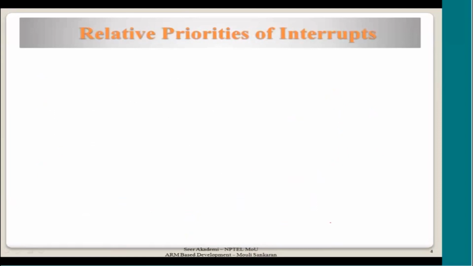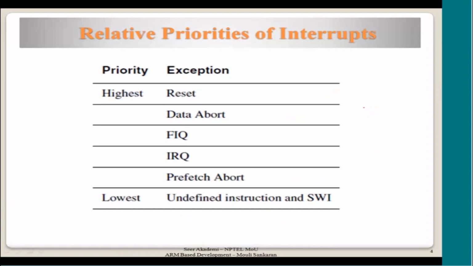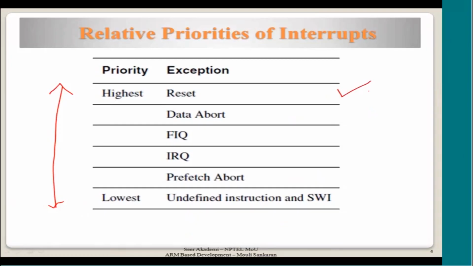Okay, before we start off with that, I want you to recall the key things that we learned in the previous discussions. So this is the relative priorities of interrupts. Now all of us should know this by heart, okay? What is this order? Why is reset given the topmost priority? Because something has happened and the system has to restart.